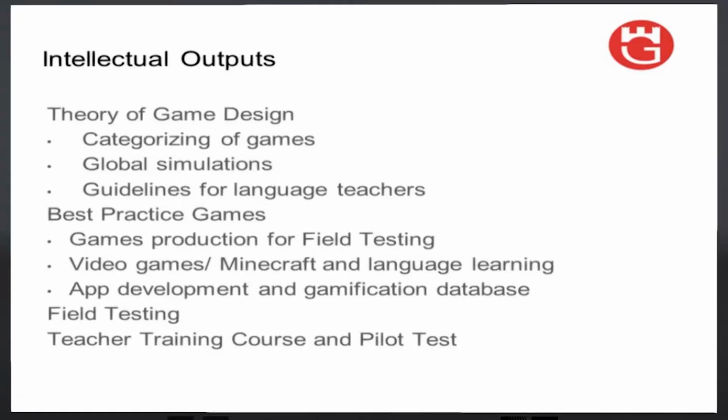So the first phase of the project really was trying to map the wider area of existing research and existing practitioner communities who've been using games in language learning in a broader sense, and then language learning in virtual learning environments.